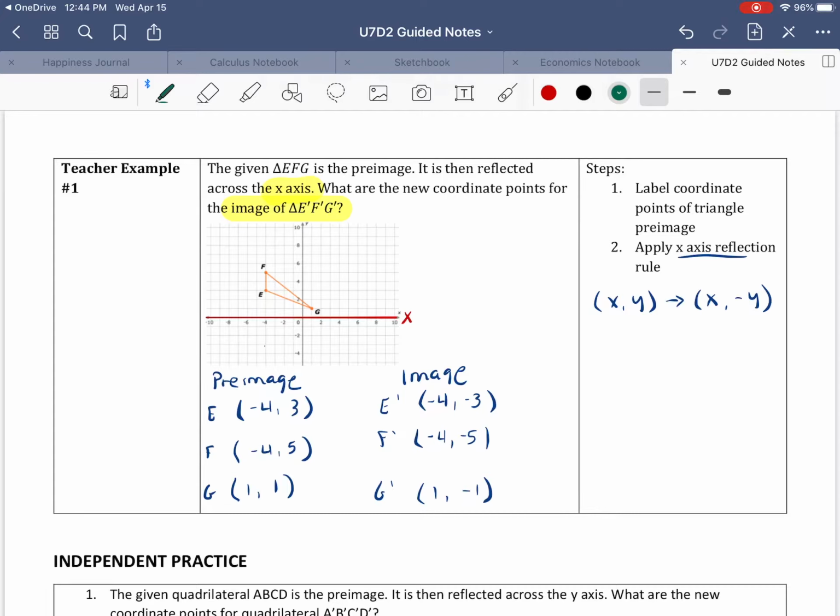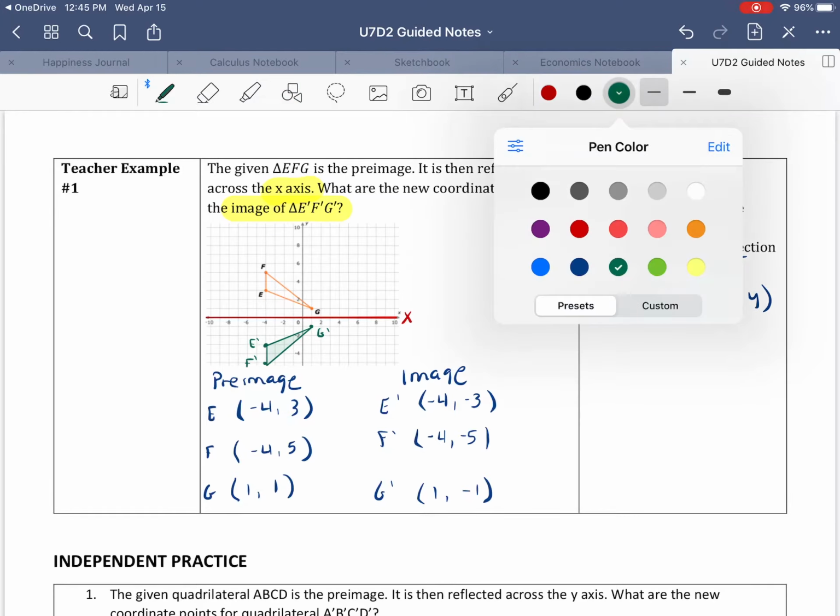So -4, 1, 2, 3. This is our E prime. -4, -5 is F, and 1, -1 is our G. So if we put that together, you get that shape right there, which you can tell looks like it is the mirror image of our pre-image EFG.